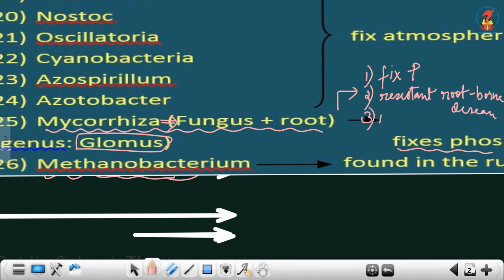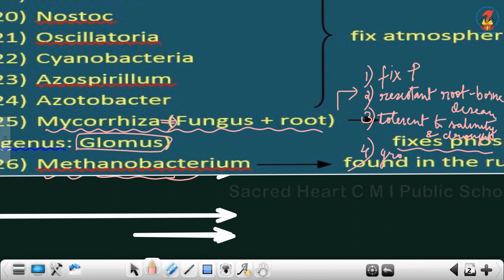Again, it makes the plant tolerant to salinity, that means to saline condition, to high salty condition, and drought. You know what is drought? Severe dryness, and also helps in growth and development of the plant.